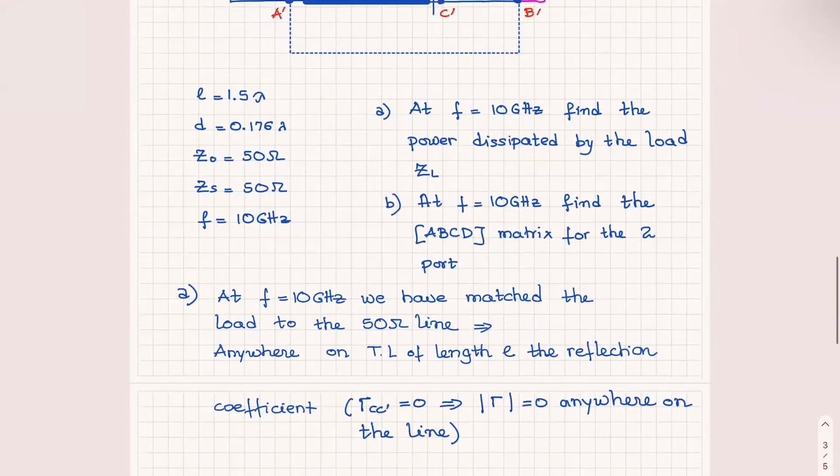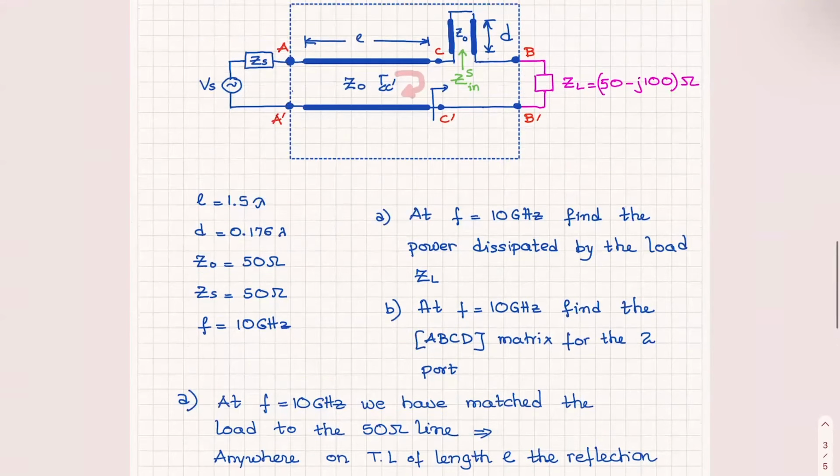Okay. What does that mean? That means that the input impedance here, how much is it at this point? It's 50 ohms. Do we agree?